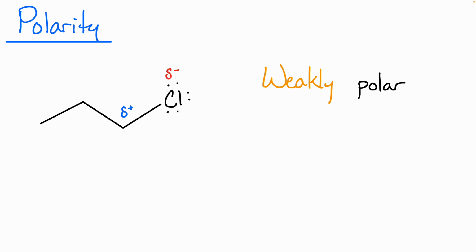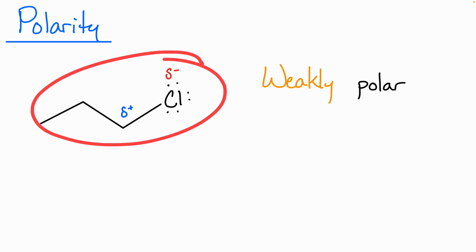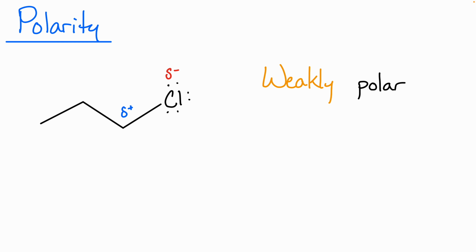Nonetheless, I want you to think about our alkyl halides as being polar, yes, but weakly polar. They're very much on the weaker side in terms of their polarity. And so what type of interactions do they have with neighboring alkyl halides here? Dispersion, dipole-dipole, or hydrogen bonding? What's the strongest one going to be? Dipole-dipole. So these can dipole-dipole interact with neighboring alkyl halides.